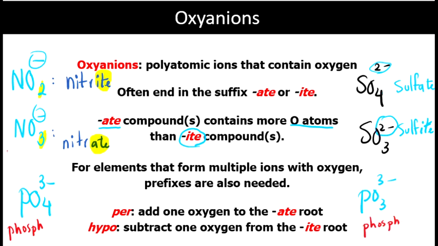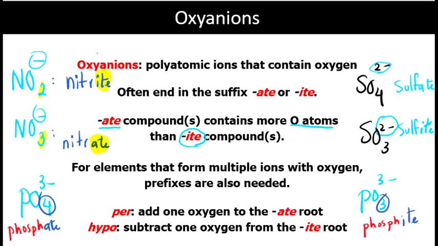We add to the root according to 4 and 3. Higher number, larger one, more oxygen, ATE, phosphate. Less oxygen, lower number, smaller number, ITE, phosphite.